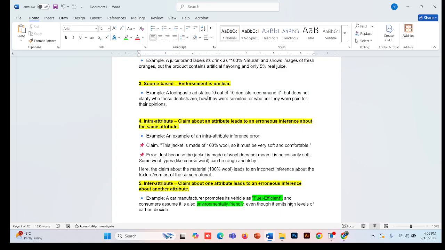That car might emit a high level of carbon dioxide. So this is how the advertisers use different deceptive elements in their ad, and consumers are misled or might wrongly develop ideas about the product or its benefits.